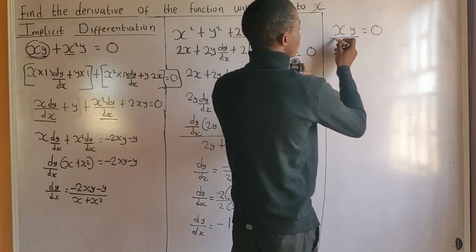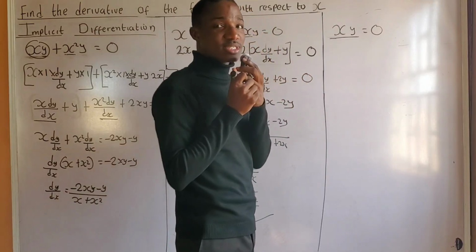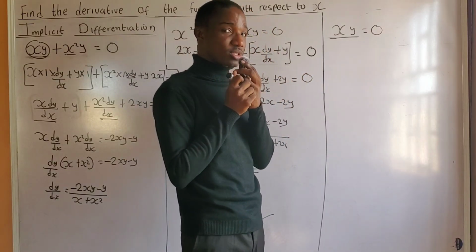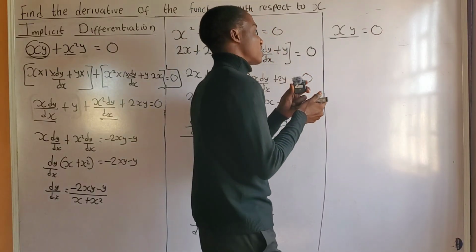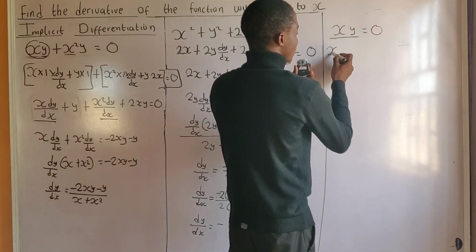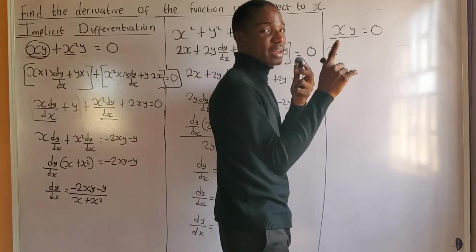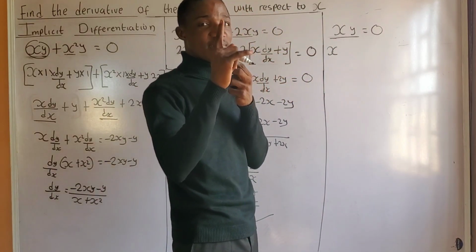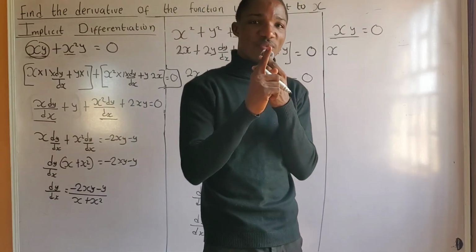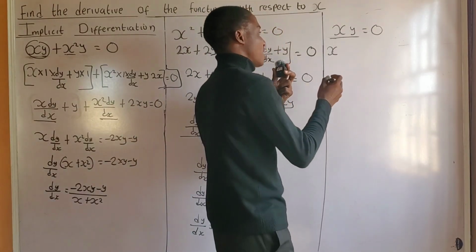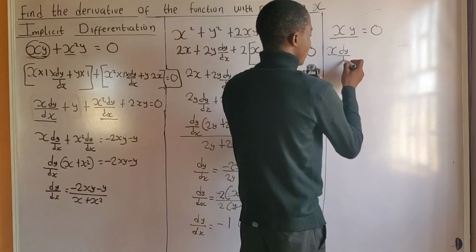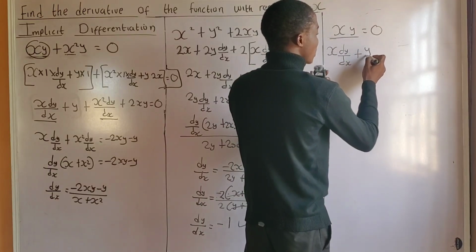Now, I'm going to use product rule to differentiate xy because the sign between x and y is a product sign. Do you get it? So for this, keep x constant, differentiate y, you're going to have 1. And anytime you differentiate y, you are multiplying that derivative by dy over dx. So I'm going to have 1 multiplied by dy over dx, plus, now keep y constant, differentiate x.